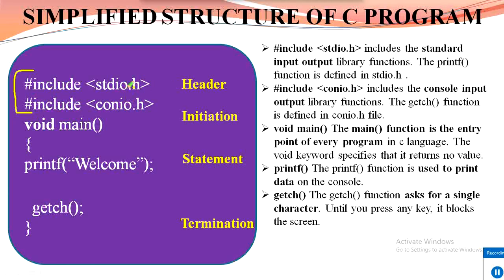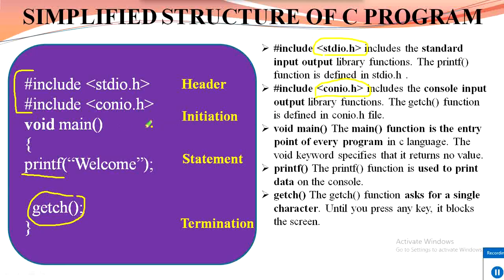These stdio.h and conio.h library files contain all the other functions that we have to use in the program. For example, here we have used printf, which is attached in the stdio.h file. If you want to use the getch function, then we have to attach the conio.h file.